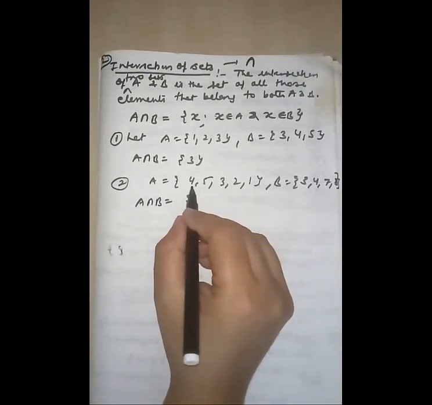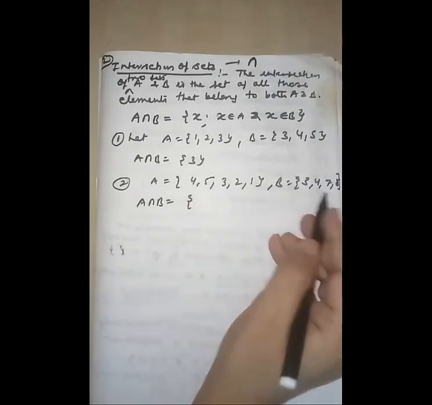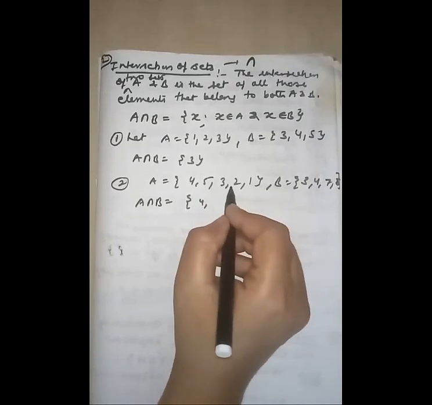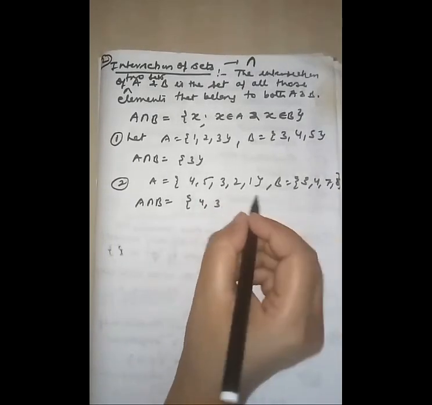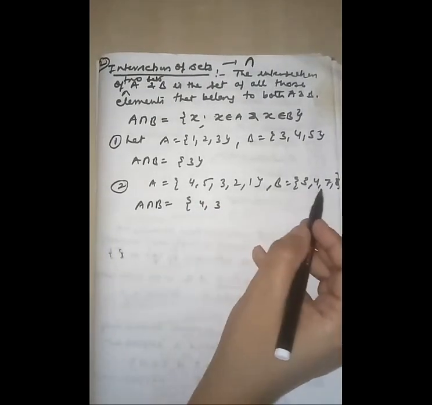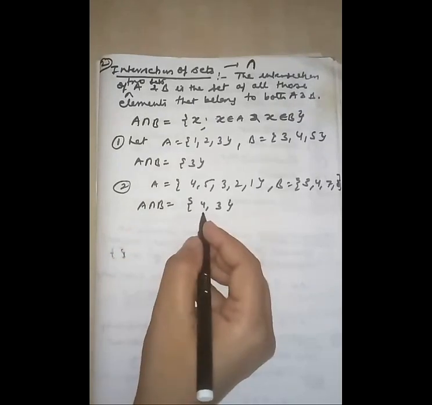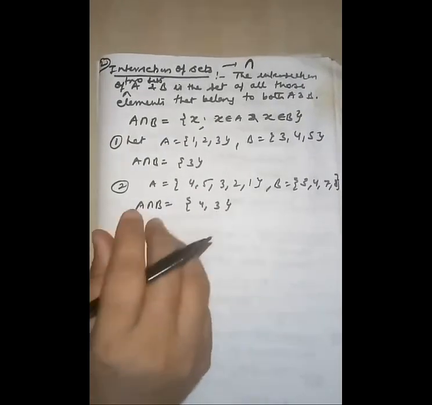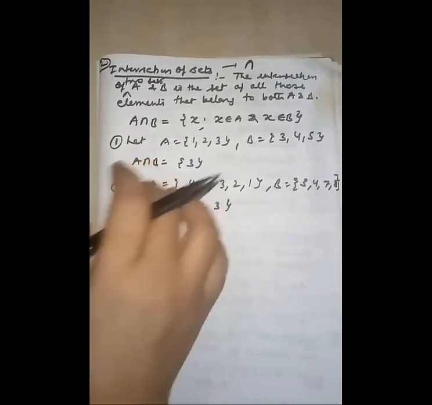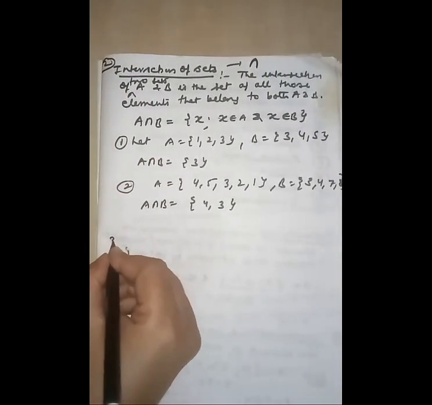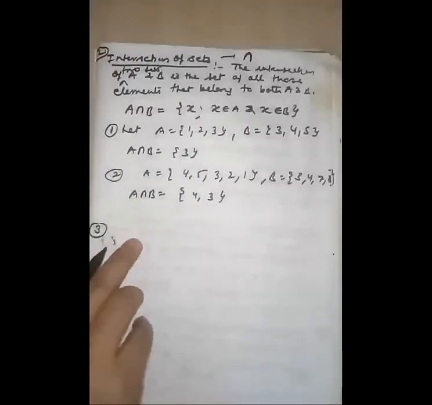Here 4 is in both. 5 is not here. 3 is here, so 3 comes. 2 is not here, 1 is not here. So only 4 and 3 are common. So A intersection B is {4, 3}. Right, friends? So this is the intersection of sets. Now the third operation, which is disjoint sets.